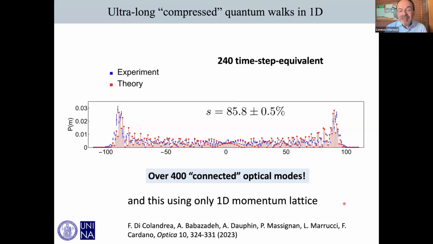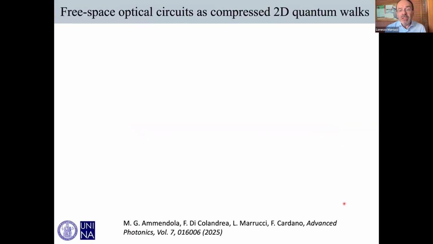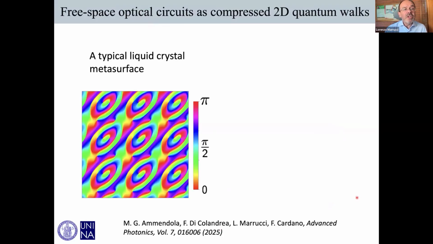This was done using 1D. Then later we also did it in 2D, and this was presented more recently in Advanced Photonics this year. Essentially, to do that, you need again a pattern in 2D of our liquid crystal metasurface, which is somehow complex. It looks a bit like this. This is one example, again in false colors representation.